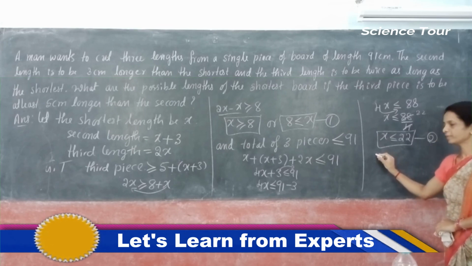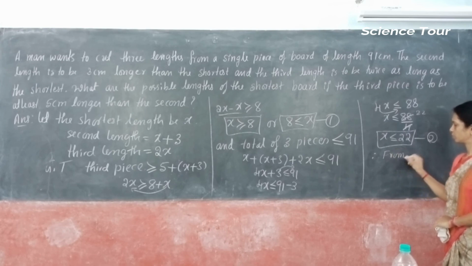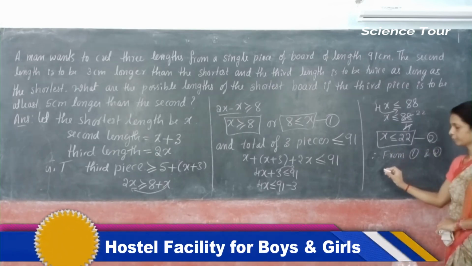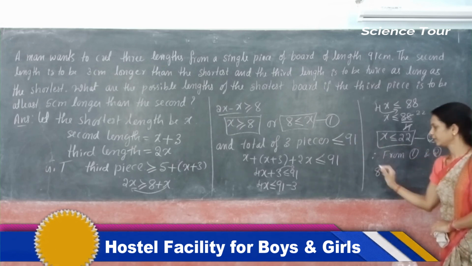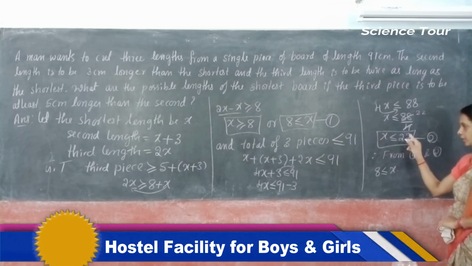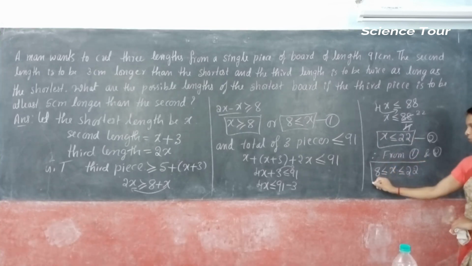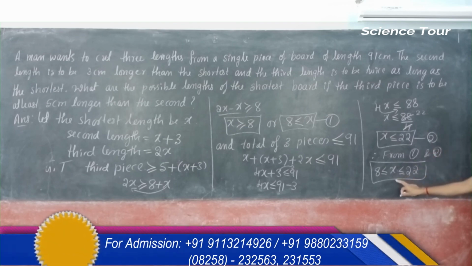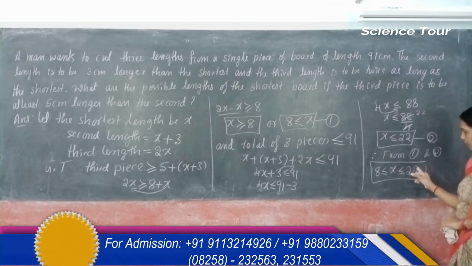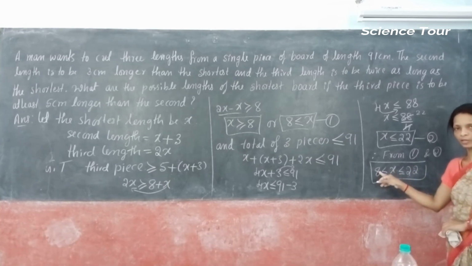Combining that, what we get? Therefore, from 1 and 2, what we can write? In 1 you have 8 that is less than or equal to x, but that x is less than or equal to what? Less than or equal to 22. So meaning of this inequality is that shortest length should be less than or equal to 22 and greater than or equal to 8.